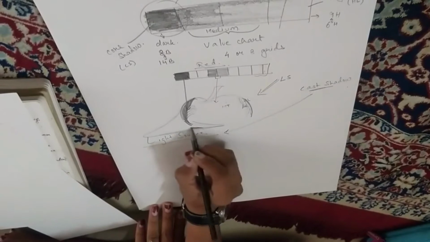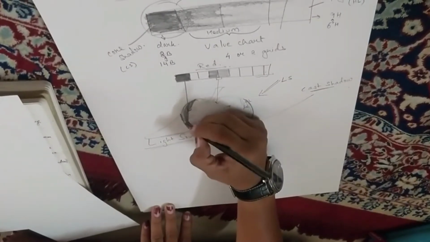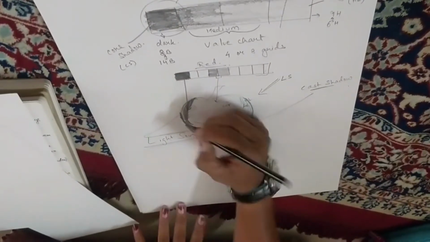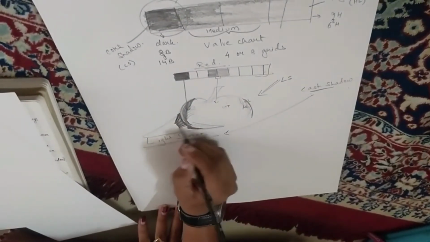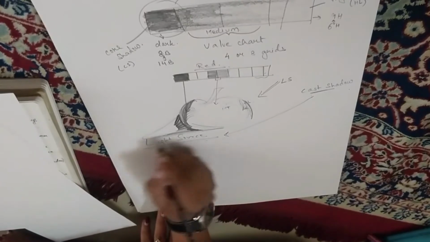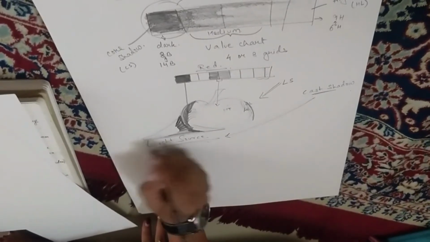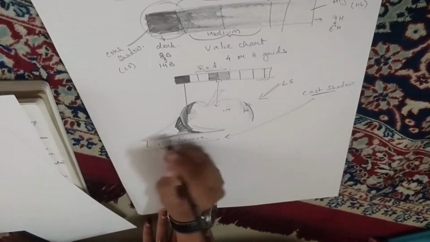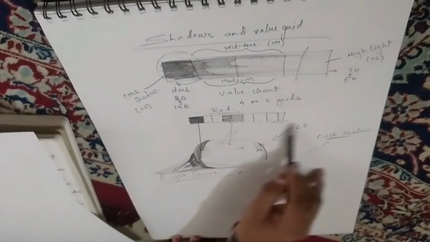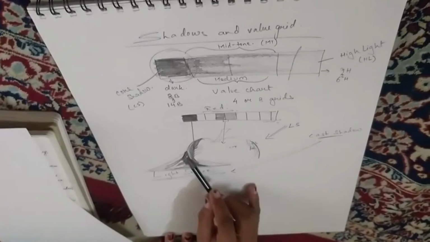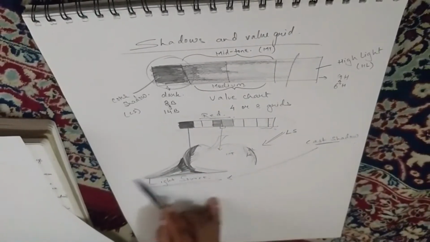So definitely wherever the light is more, the shadow starts fading. So over here it will be the darkest. I'm just going in any direction right now, not exactly following that. And then it becomes light and it fades off. So same way how it moves from this to this. So cast shadow basically takes the total option of value chart and moves from black to light.